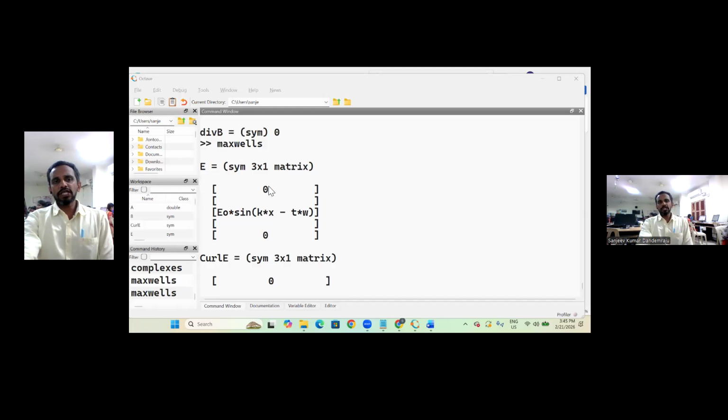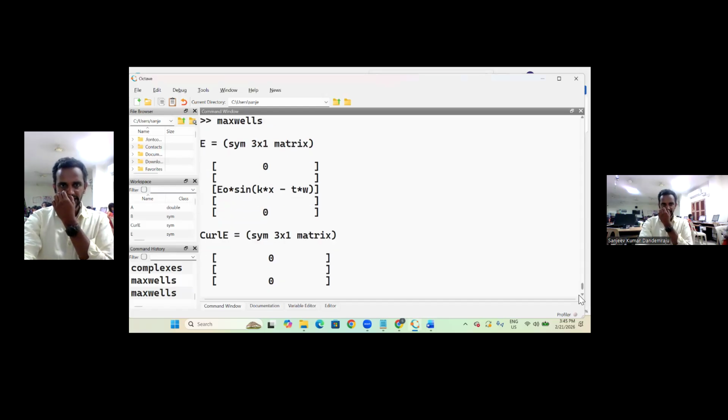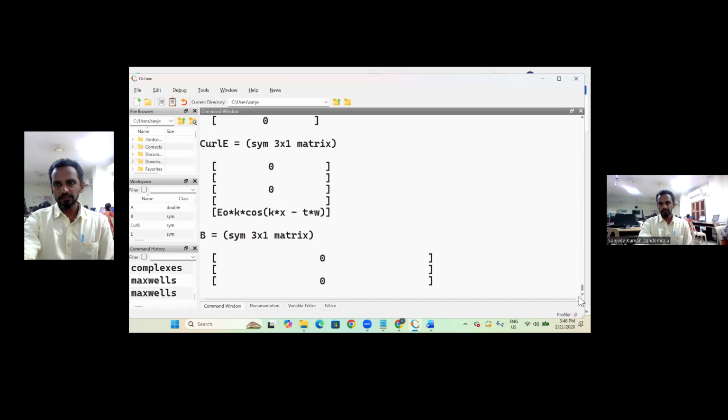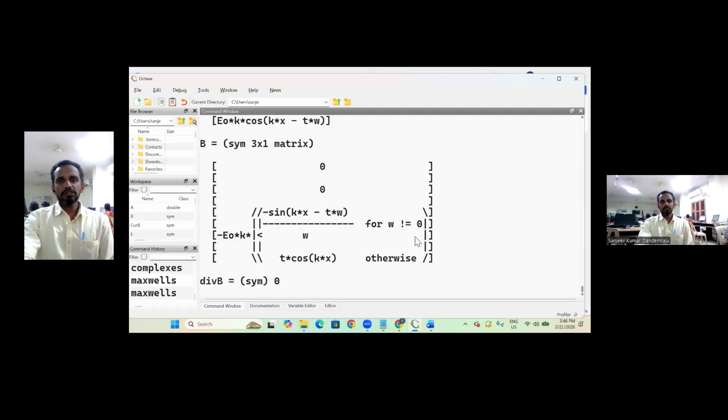Okay, we started with an electric field vector with a y component and calculated curl E. That gave a z component with a cosine function, where E has a y component with a sine function. B is the negative integral of curl E, so we have got sine(kx minus omega t) by omega, when omega is not equal to 0.